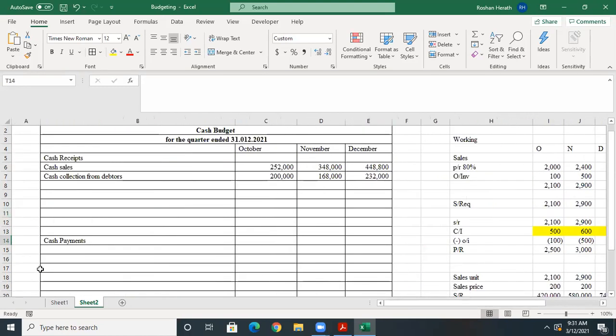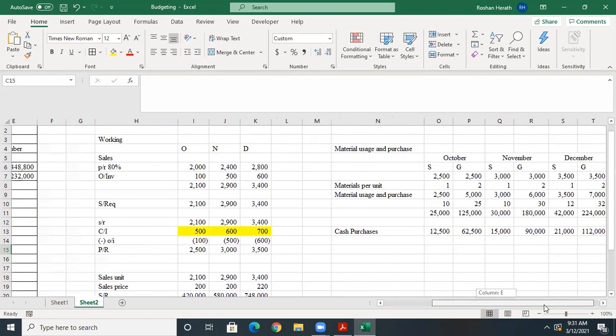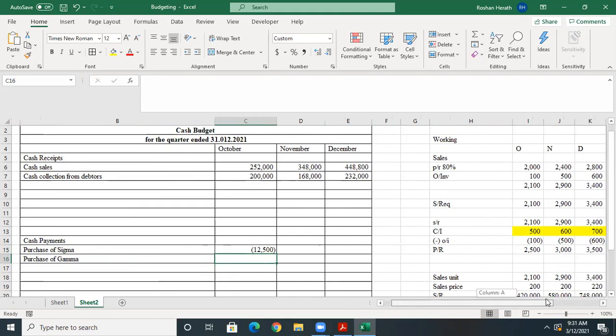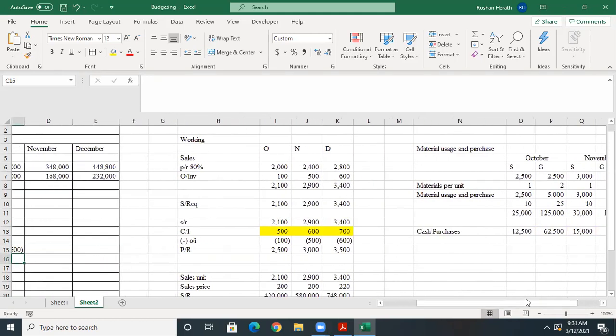So you can take that. It's about the purchase of sigma. Purchase of sigma material. Purchase of gamma. So that can be identified. You just have to work it out. It's 12,500, 62,500.